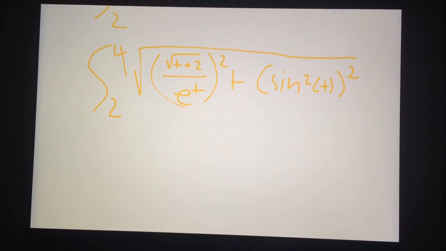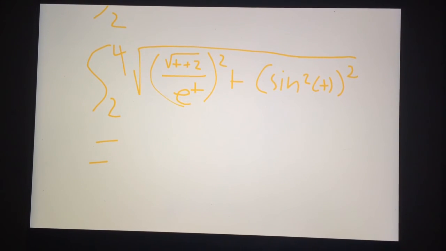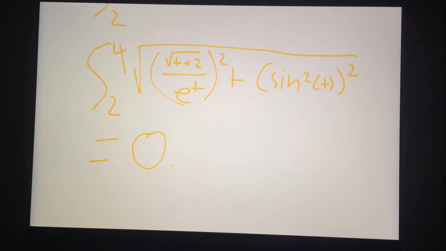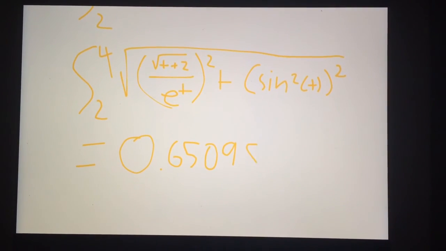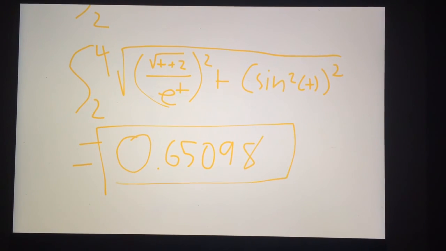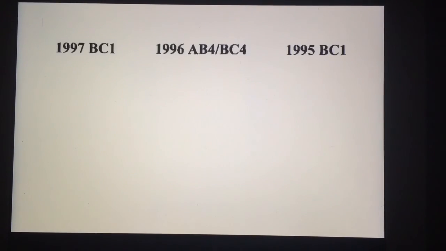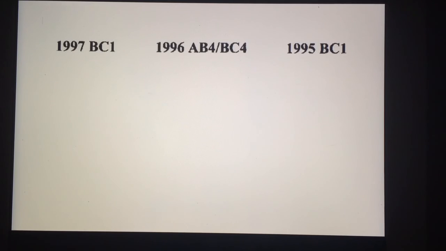And if you figure all that out, you get 0.6509 8. Boom. So now, if you're looking for additional problems, all the ones on the screen are good practice.